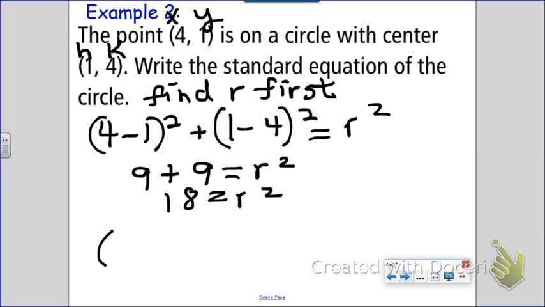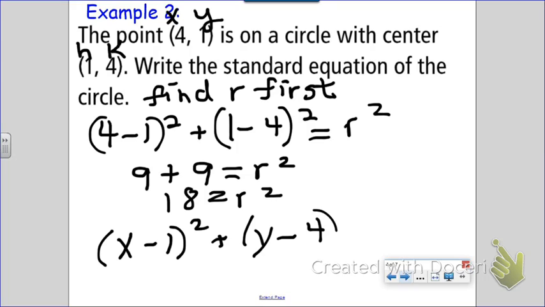So my equation is (x - 1)² + (y - 4)² = 18.